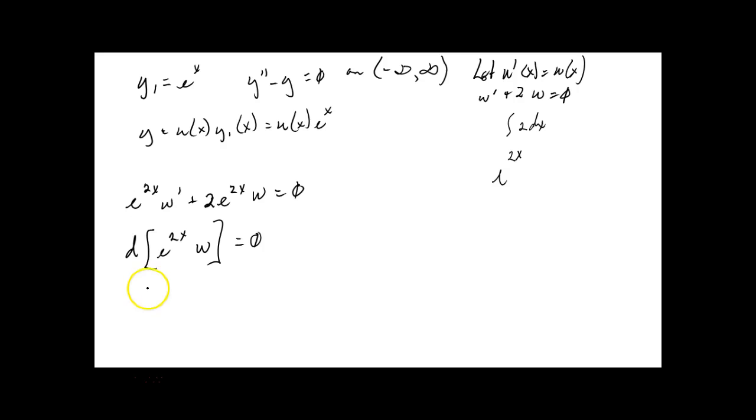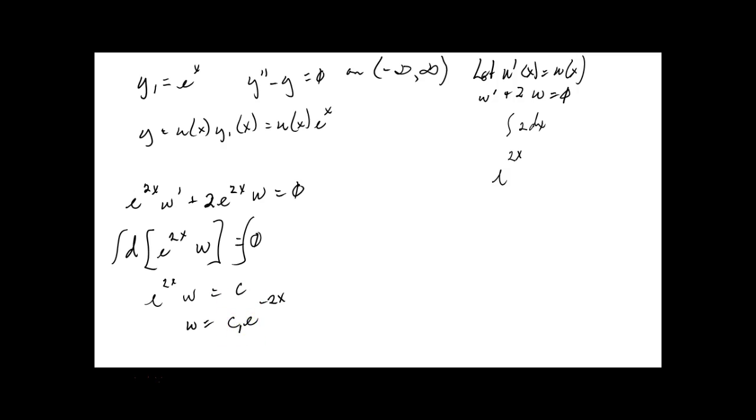So that means that if you integrate both sides of this, you'll get e to the 2x w is equal to some constant. Right? So w is equal to c e to the minus 2x. We'll call that C1, is what the book calls it.